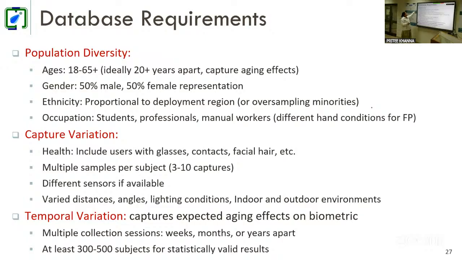The data which you are using should have population diversity, like an adequate male-female ratio, then variation, right? Some people with glasses, some without, different sensors, different angles of images. Your database should contain a variety of images so that you are using your system well.